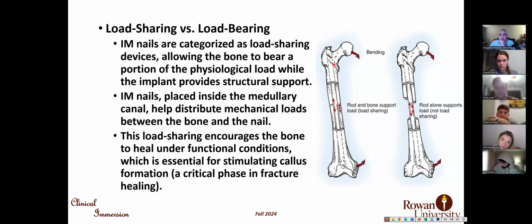So when we insert anything inside this bone, specifically in the femur, we compress this fat because this is a closed space. So we compress this fat, and this fat can escape into the blood and go to the brain. And when it goes to the brain and to the lungs, it causes problems called fat embolism.